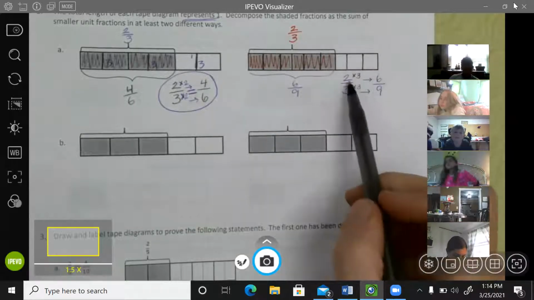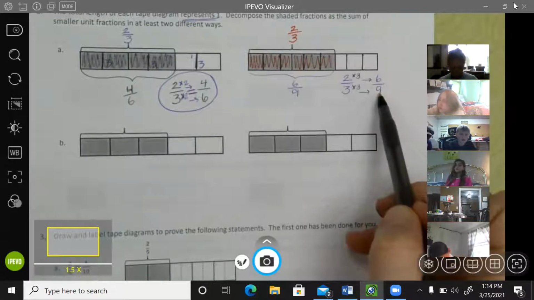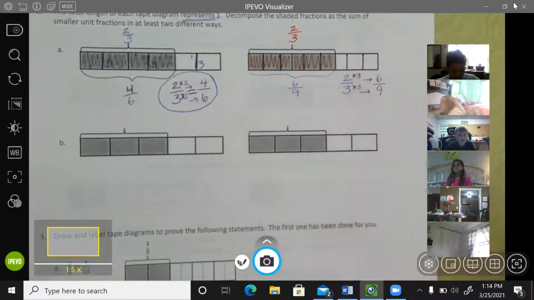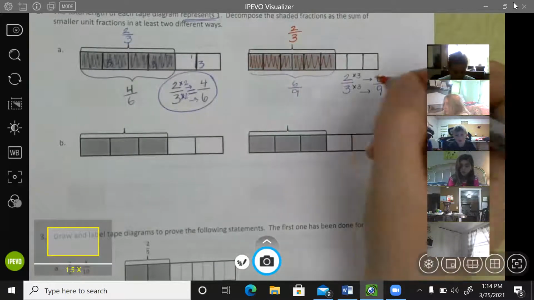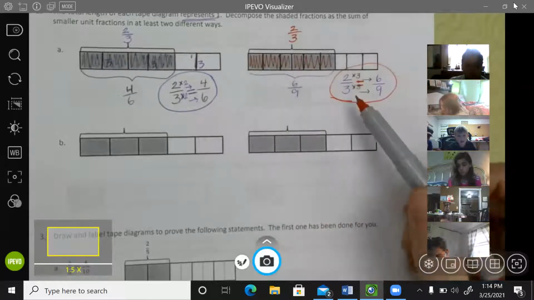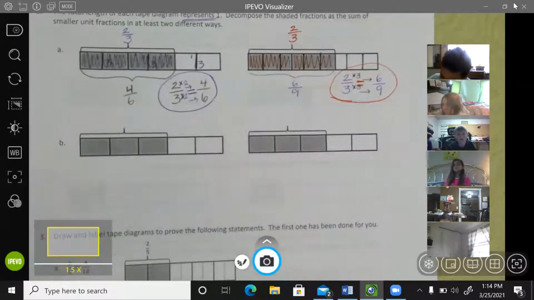So Julian, were both of these true? Yes. So what can we say about 2/3 and 6/9? They're equal. Very good. We can put an equal sign right here. 2/3 is equal to 6/9. They're the same thing, just broken up into different pieces.